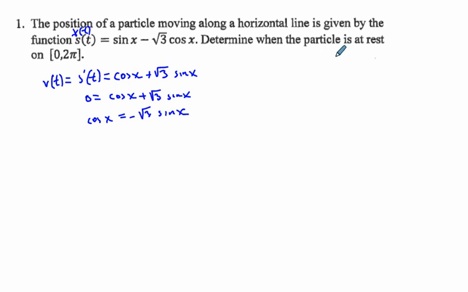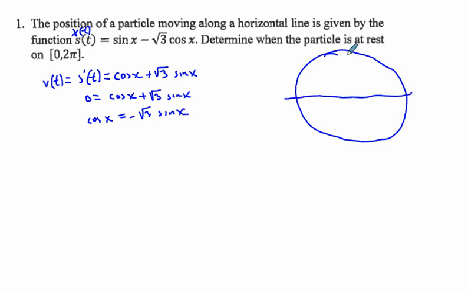Okay, where do we see that happening? Well, again, if we look at our unit circle, it often comes back to the unit circle, doesn't it? What we have here, we're looking for pi over 6, at 5 pi over 6, and we have 7 pi over 6, and we have over here 11 pi over 6.